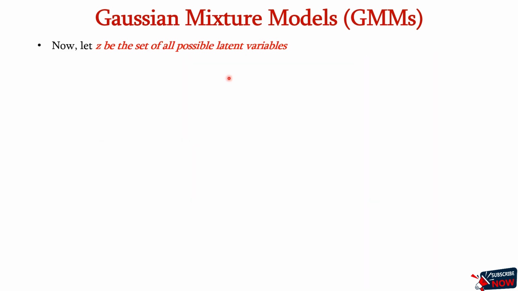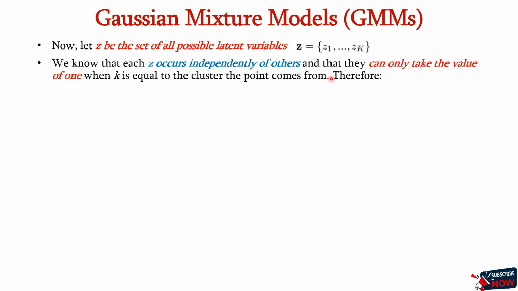Now let z be the set of all possible latent variables, which can be expressed as z equals z1 to zk. We know that each z occurs independently of the others and can only take the value of 1 when k is equal to the cluster the point comes from.